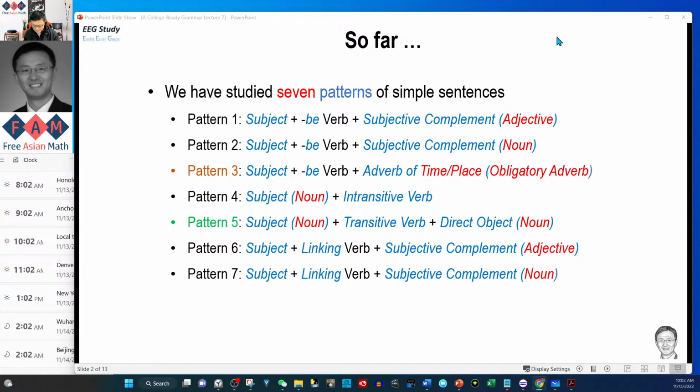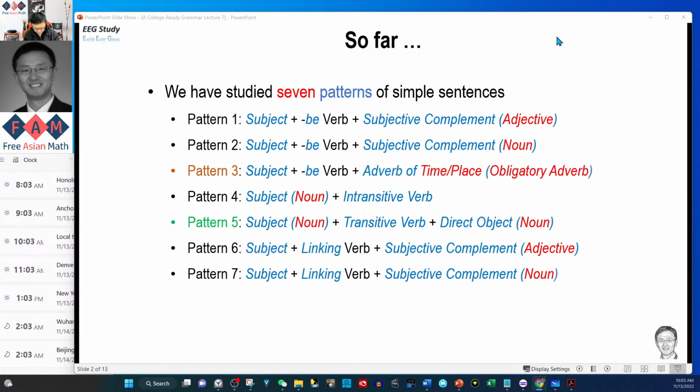And today we will see later that we will have a different type of complement, and that is for object. And you will see that in those 7 patterns, only pattern number 5 will contain an object. And it turns out that pattern number 5 happens to be the most common English sentence structure. That is the so-called SVO structure.